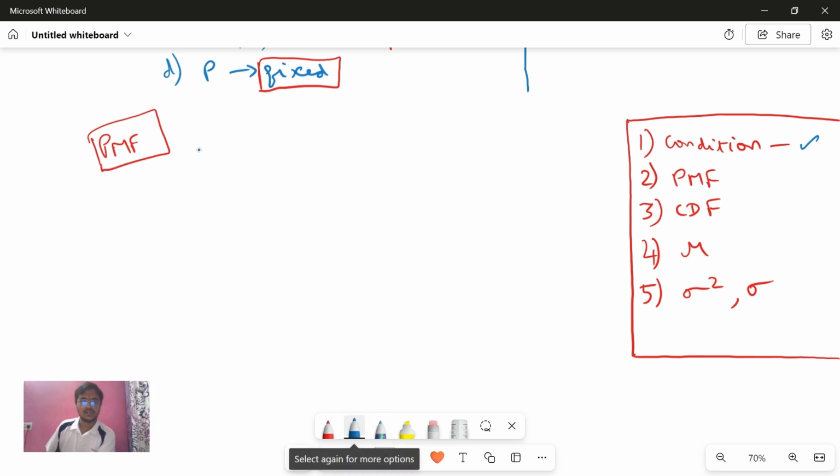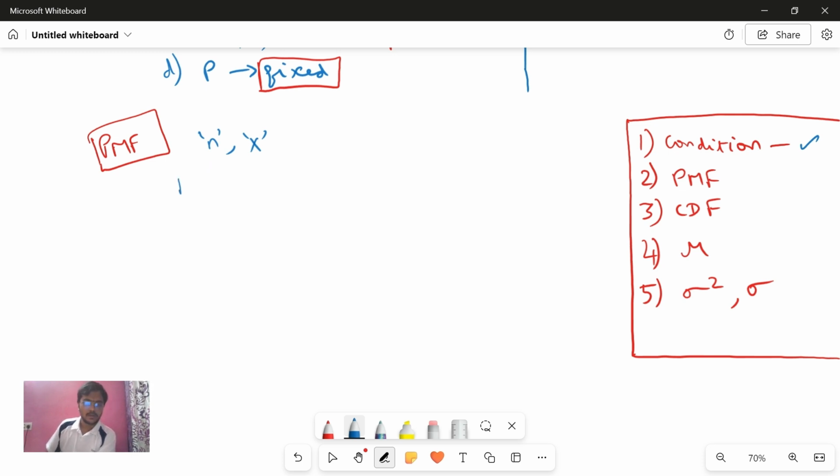When there are n number of experiments, and you have to find the probability that x has happened. Let's say you are rolling a dice 10 times, and you want to know the probability that 6 has appeared 2 times. That 2 is x, and the total number of experiments you performed is n.